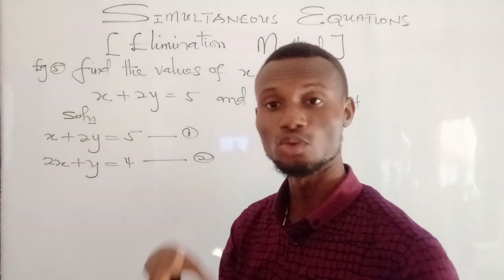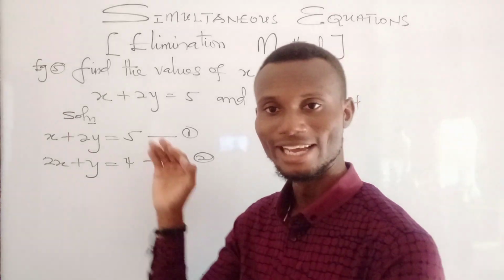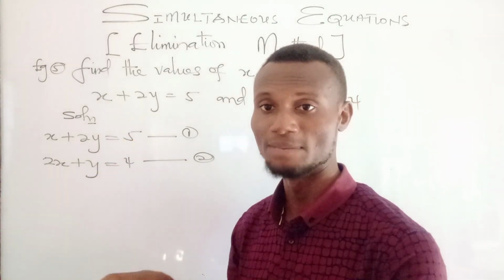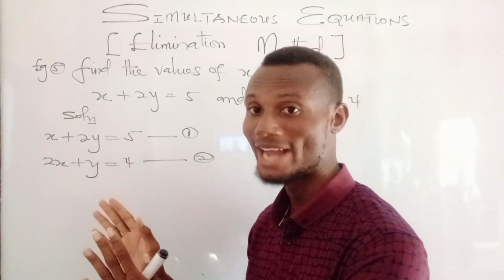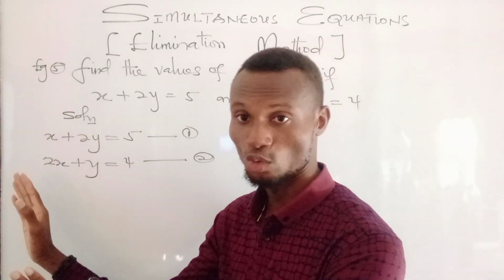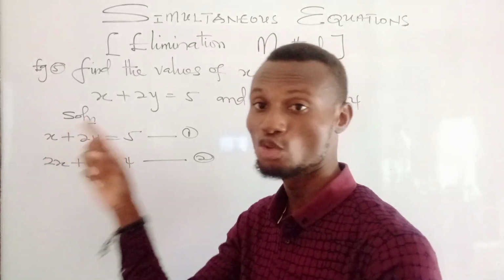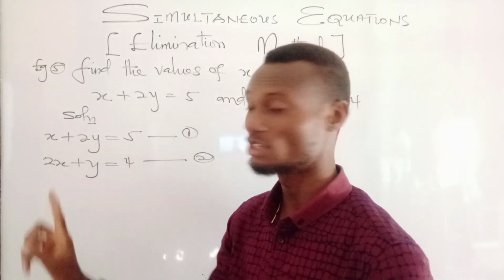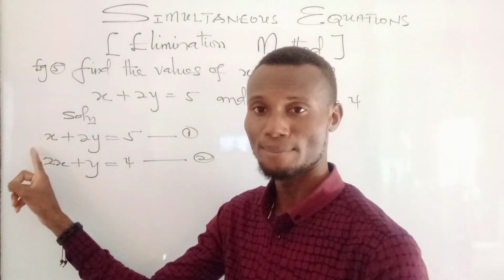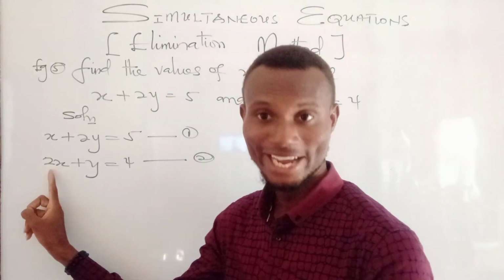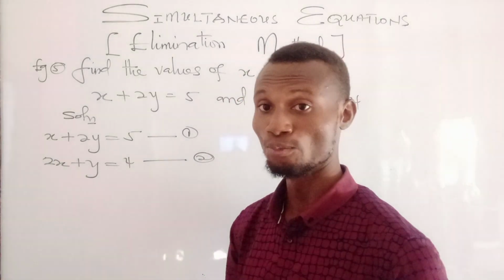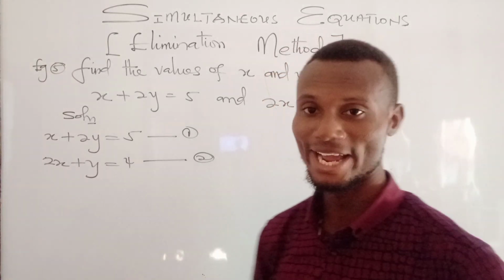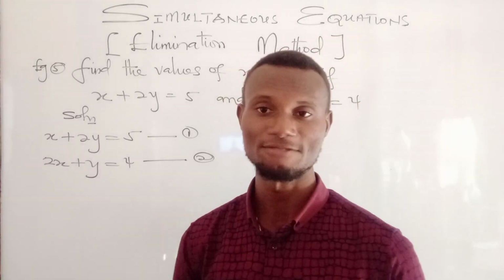So you have to do something to make sure that the coefficients are the same before you can eliminate it. That's if you want to eliminate y. If you want to eliminate s also, it's the same process. You need to make sure that the coefficient of the s here is the same as the coefficient of the s which is here before we can go through the elimination process. I hope the explanation is clear enough up to this point.